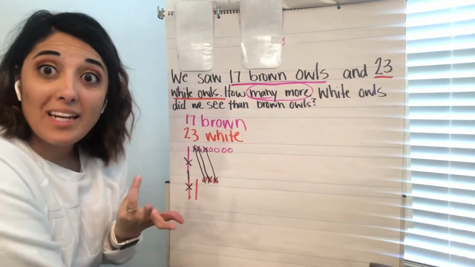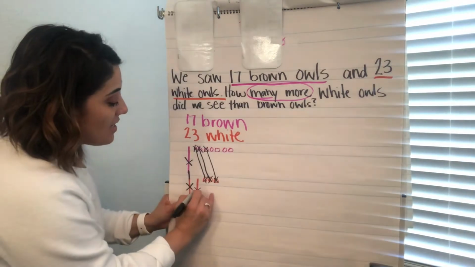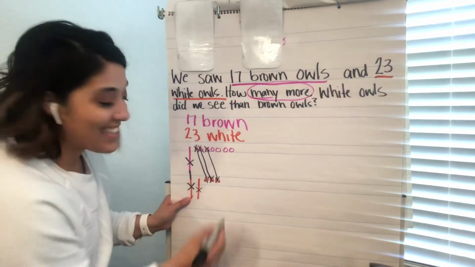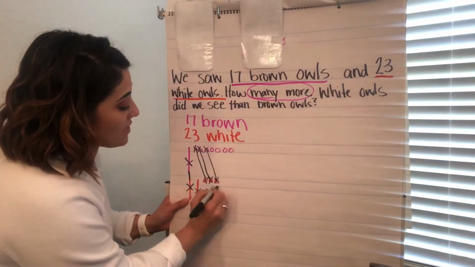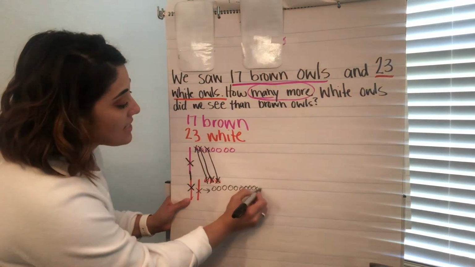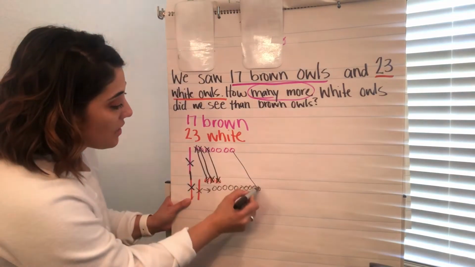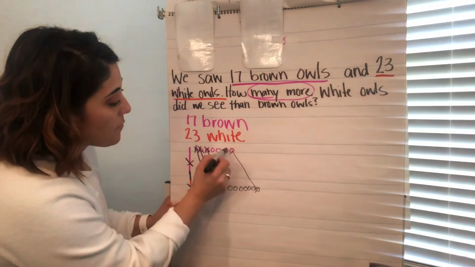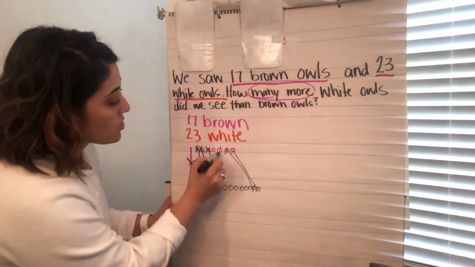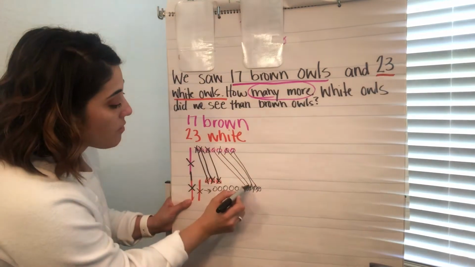But when we look here, we have a 10 here, and then we have ones here. And so what do I need to do? I need to break up this 10 into 10 ones. So I'm gonna do that. 1, 2, 3, 4, 5, 6, 7, 8, 9, 10, and now I'm gonna match them up, okay? So there's a match, and another match.